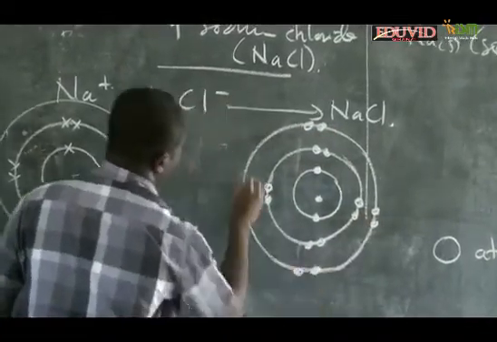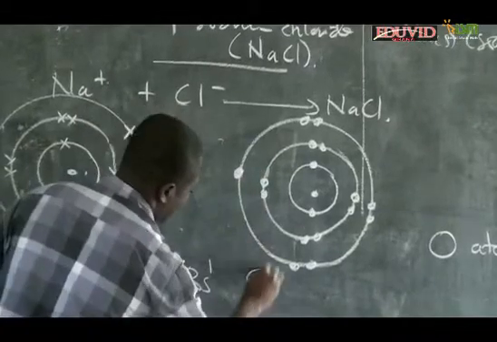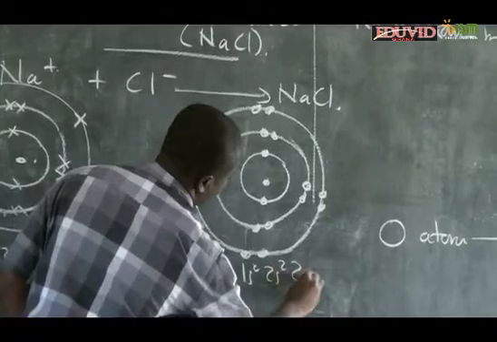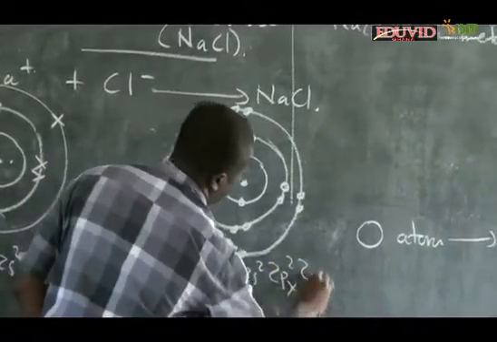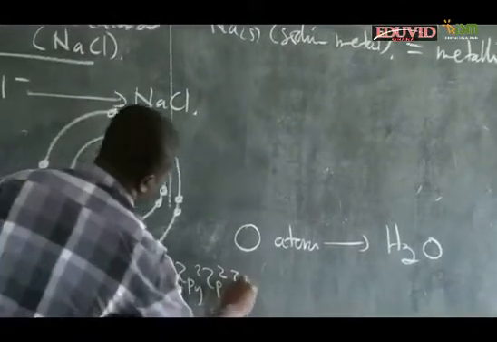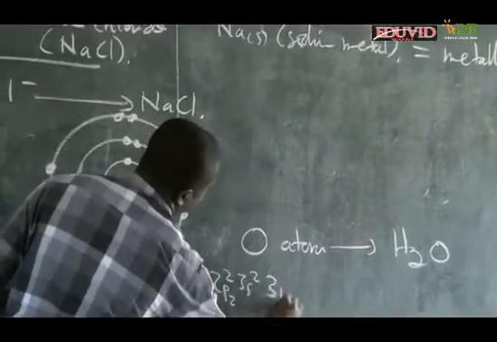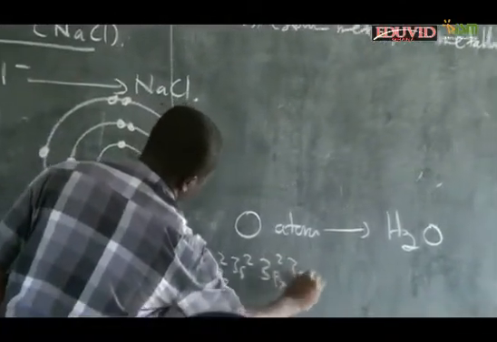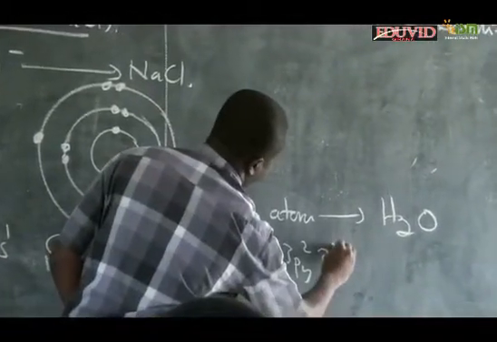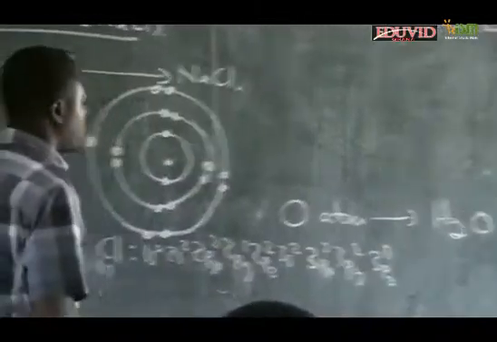So the electron configuration becomes 1s2, 2s2, 2px, 2py, 2pz, 3s2, 3px, 3py, 3pz1.